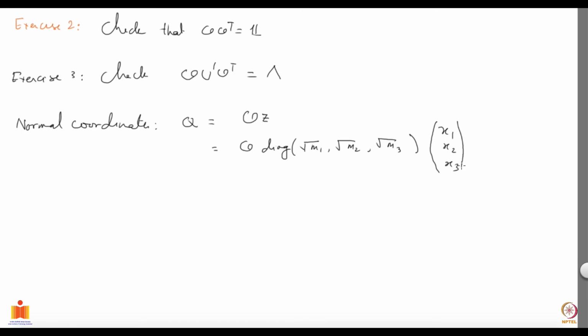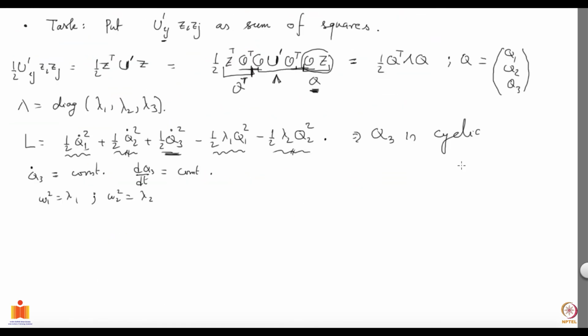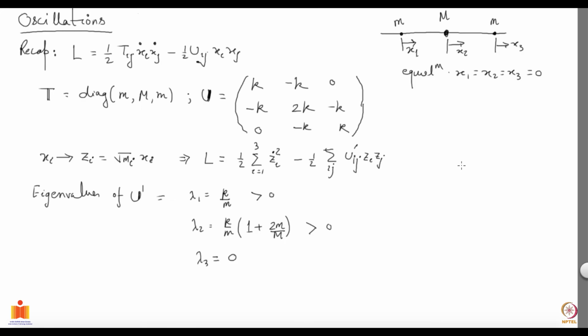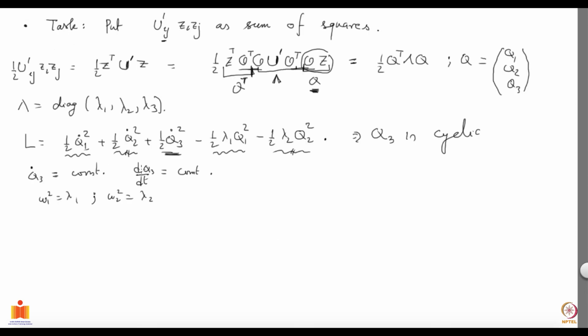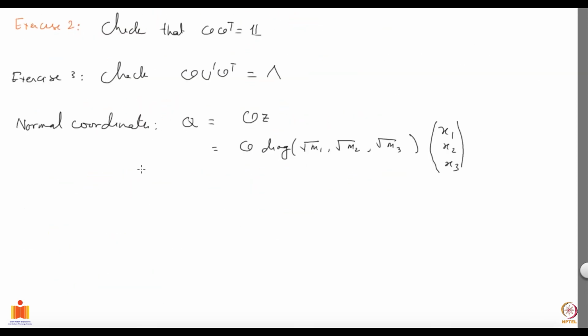Okay, let's go back and check. Somewhere here should be. Yeah, here you see the Z is related to X by this, which is what I'm writing now in terms of a diagonal matrix. Okay, so again another exercise.